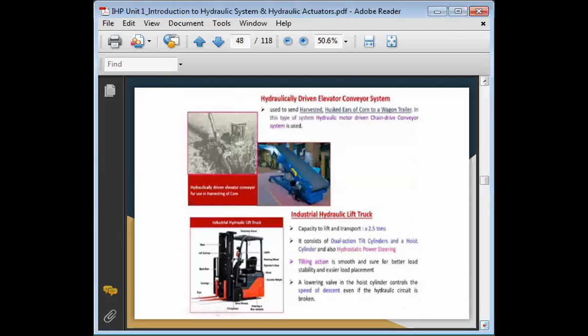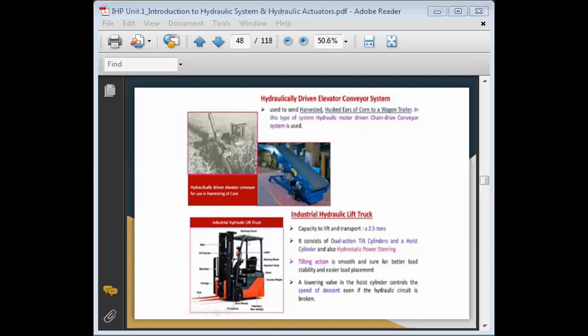Another application is the hydraulically driven elevator conveyor system. You can see this picture, which itself tells us about it.